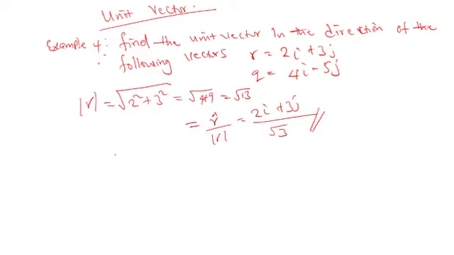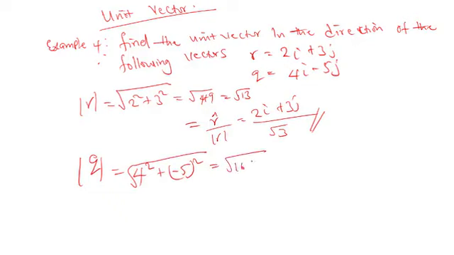If you want to do that for Q, the magnitude of Q is the square root of 4 squared plus minus 5 squared, which is the square root of 16 plus 25, which is the square root of 41.